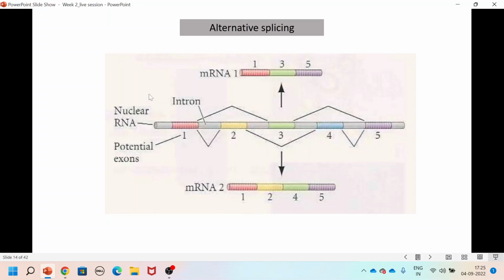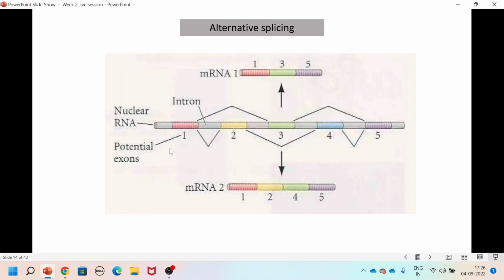How is it possible that certain genes lead to the formation of multiple mRNAs? The process involved in this is alternative splicing. In this figure, we can see the nuclear RNA, which consists of the potential exons 1, 2, 3, 4, 5, separated by intronic sequences.